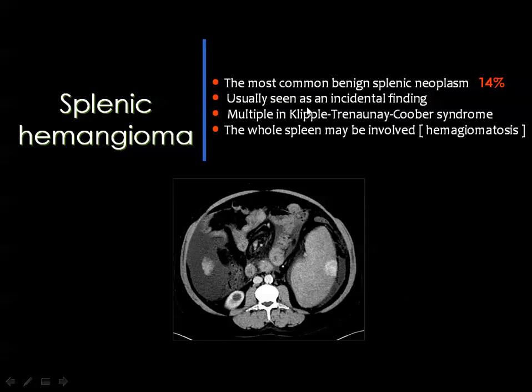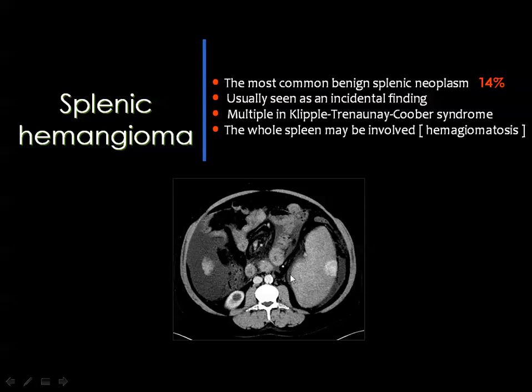The hemangioma is usually an incidental finding. It can be multiple in Klippel-Trenaunay syndrome, and the whole spleen may be involved by extensive hemangiomatosis. The hemangioma, whenever it is small, you get immediate total filling with contrast media, what we call flash filling hemangioma.